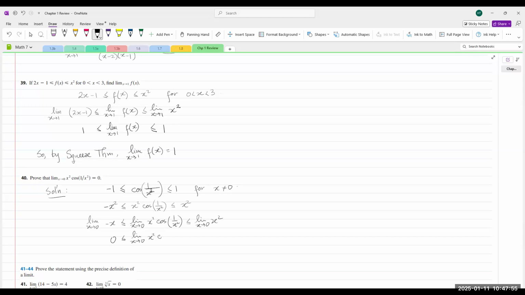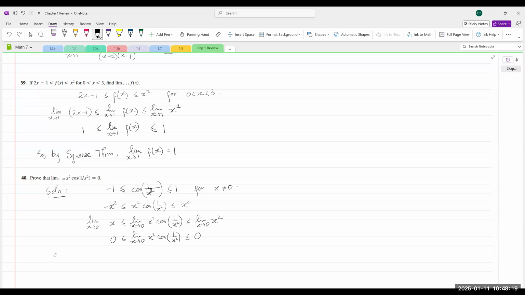So even if we know that x equal to 0 is not in the domain of this function, we still can compute the limit, in this case by squeezing it from above and below.